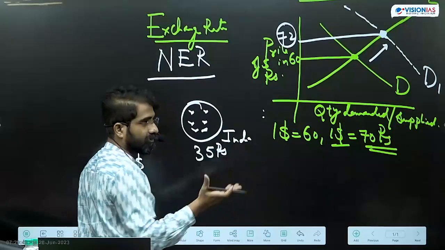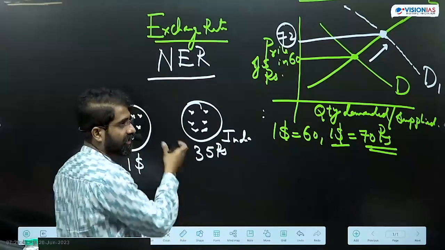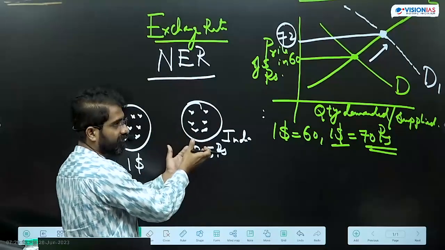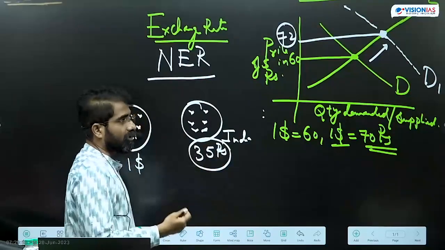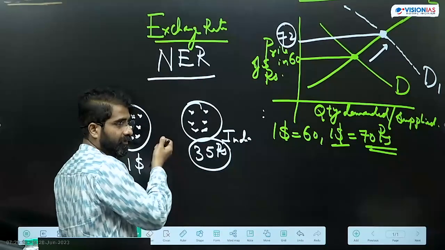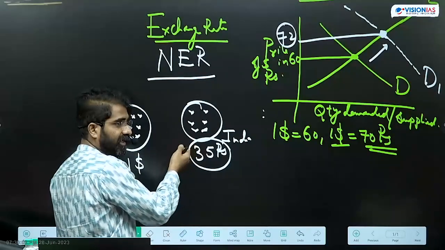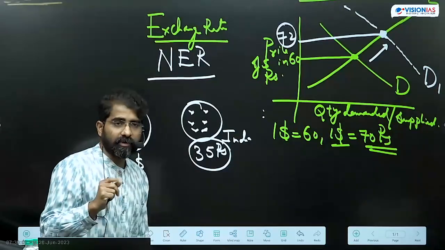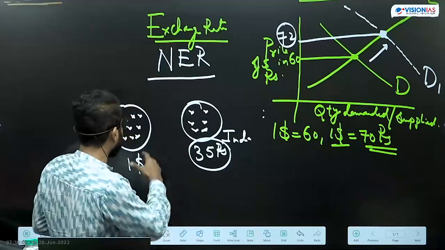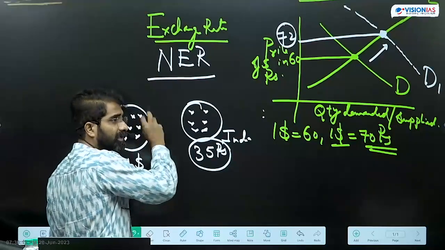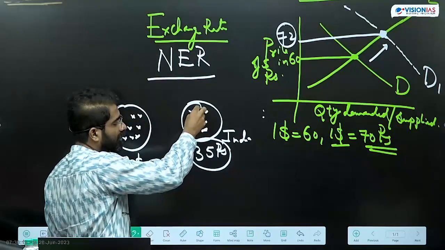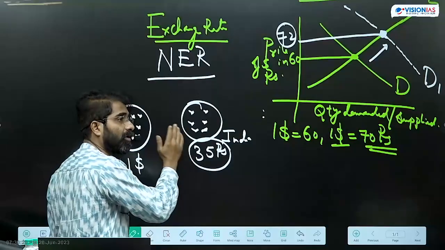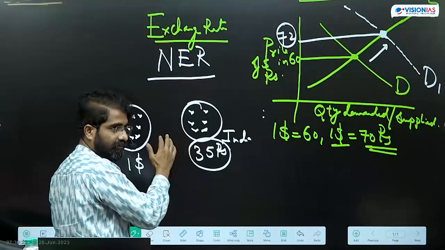So the purchasing power parity exchange rate in this case is $1 equal to 35 rupees. That means a basket of goods which I can buy in the US for $1, I can buy for 35 rupees in India. So this PPP exchange rate indicates the purchasing power of dollars and rupees.